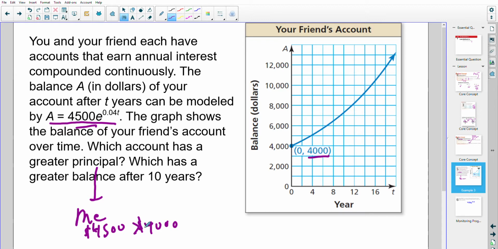And what about after 10 years? 10 years, that's going to be right here, so that's going to be just below this 7,500 mark.